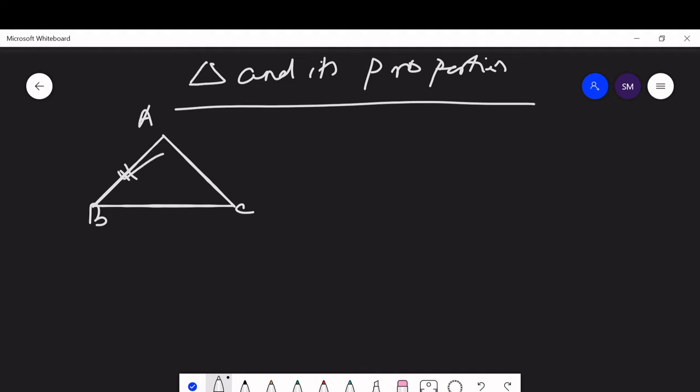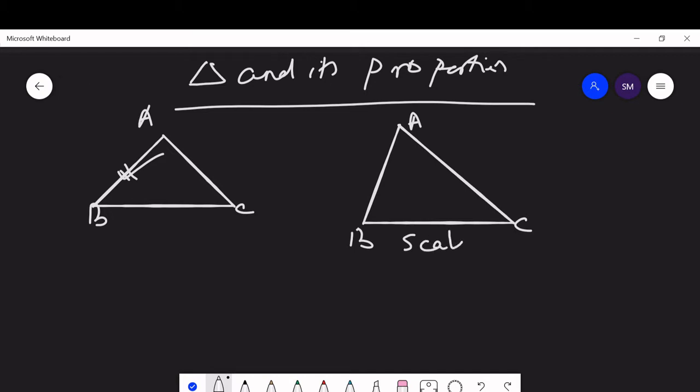Suppose ABC is a triangle in which all three sides have different lengths, which means AB is not equal to BC, and BC is not equal to AC. Then this is called a scalene triangle.